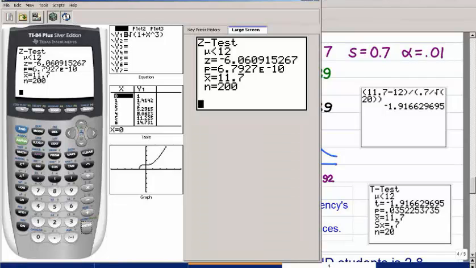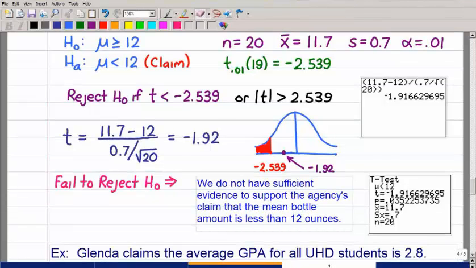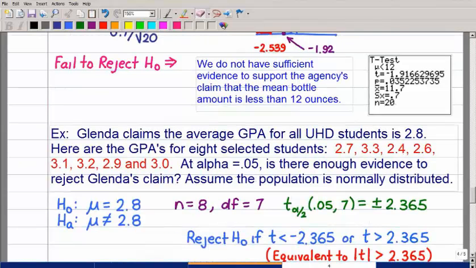So that's clearly less than whatever alpha you would use, in this case 0.01. So had we obtained a 200 sample size and obtained those results, we would have certainly rejected. But with small samples, it's harder to reject because the sample size can't be as accurate as it can be for larger samples.